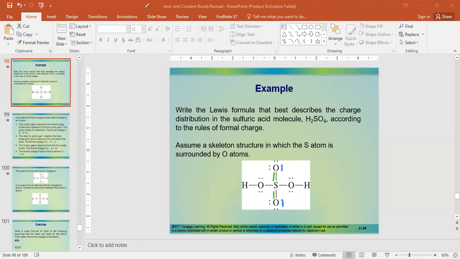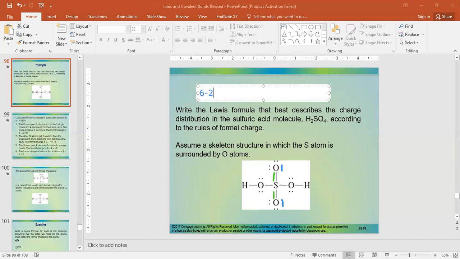We calculate the formal charge. You realize that the valence electrons are 6. How many bonds are there? Just look at only one of these oxygen atoms. Only one of them. 2 bonds, so we subtract 2.